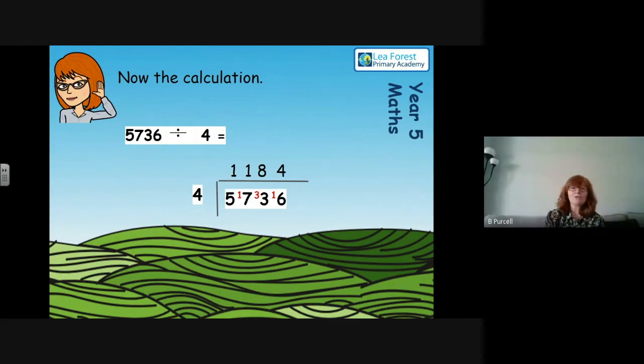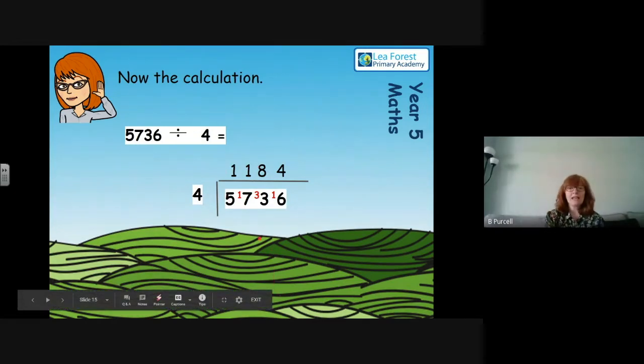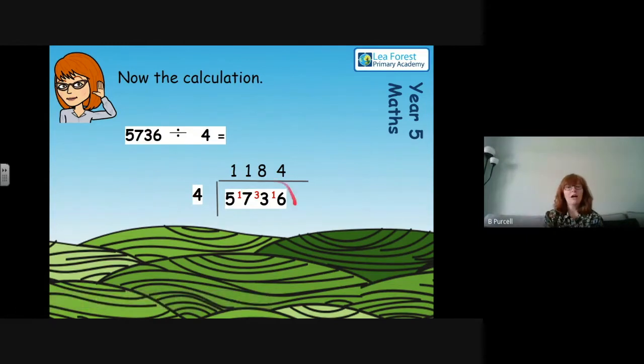My error goes straight back to here. So I've said 4. I've divided 7 by 4, not 17 by 4. So that has completely thrown out my answer. So I've got a completely wrong answer because of that error that I made.